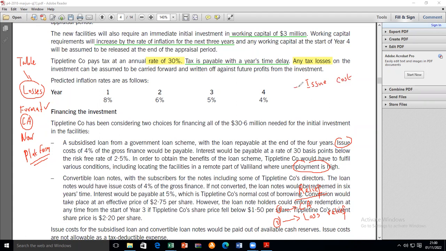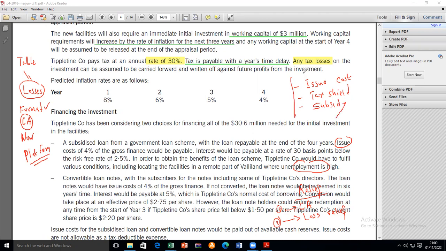We are paying interest, so there's the issue of the tax shield. There's also the government loan, so there's the issue of the subsidy.